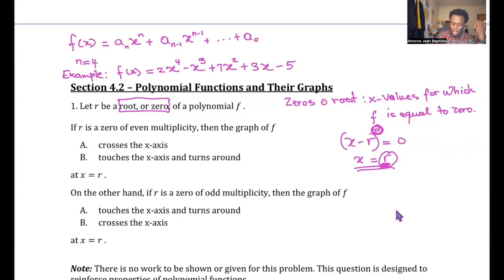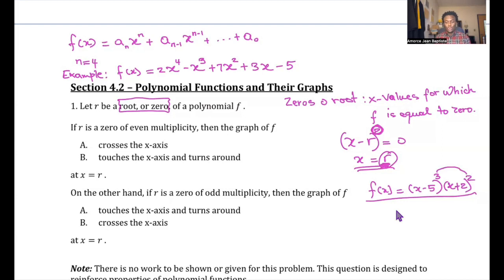Say, for example, you have a polynomial f of x that equals x minus 5 to the third power times x plus 2 squared. Well, if you expand this expression, it will give you a polynomial of the highest degree 3 plus 2, which will be 5.